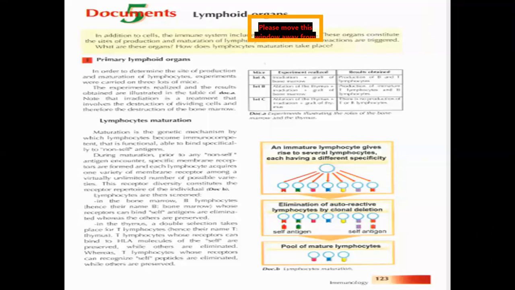Lymphocyte maturation. Maturation is the genetic mechanism by which lymphocytes become immunocompetent, meaning they become functional, they can work, and they are able to bind specifically to non-self antigen. We know the immune system attacks the non-self.